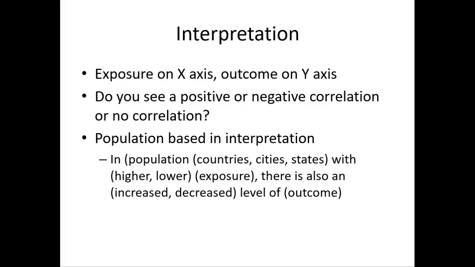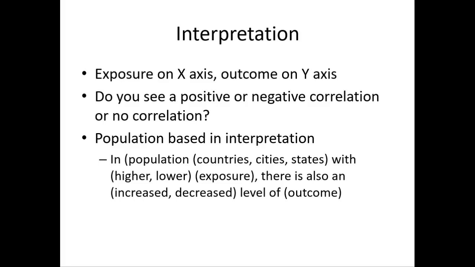And then the second sentence for your interpretation is that population-based interpretation. So you want to make sure that you're not talking about individuals, because remember, this is all based on aggregate population-based information. So you would say in populations, countries, cities, states, with either higher or lower, whatever your exposure is, there is also an increased or decreased level of the outcome.